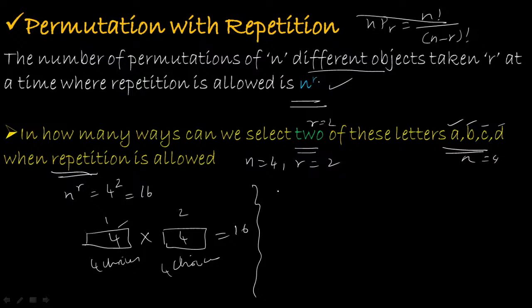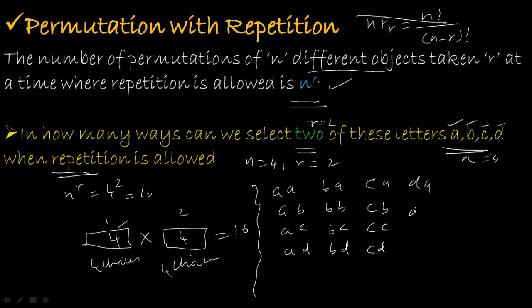If you list out the different possible arrangements, let me start with A. Repetition is allowed. So write down the different possible arrangements by taking 2 among 4. AA, AB, AC, AD. Next, BA, BB, BC and BD. Next, CA, CB, CC, CD.